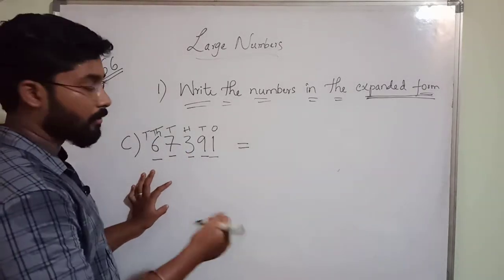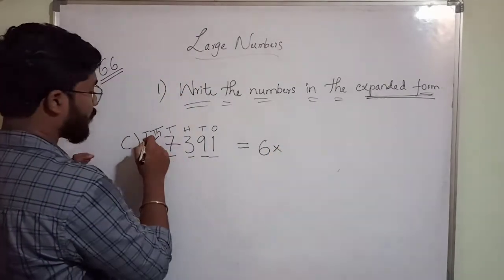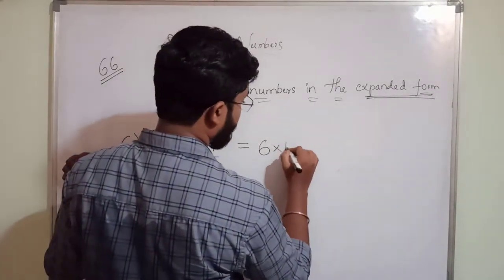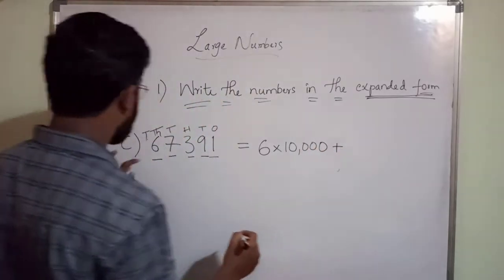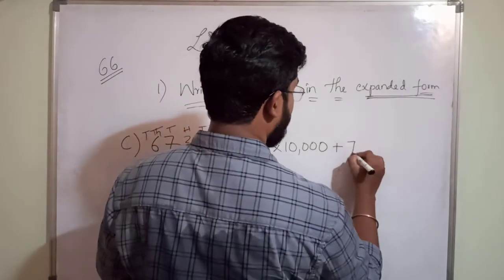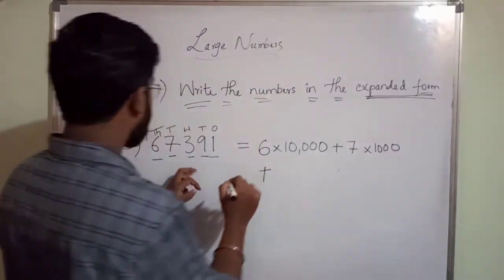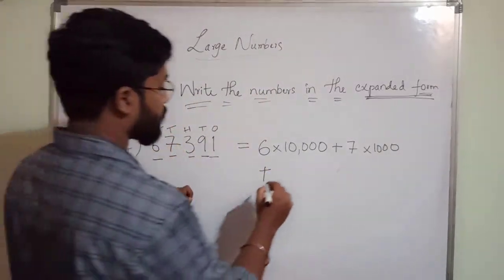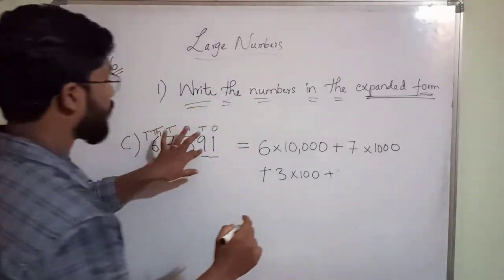So first one, what is there? 6. 6 is in which place? 10,000s place. So 6 into 10,000. Next one, 7. 7 is in which place? Thousands place. 7 into 1000, plus 3 is in which place? Hundreds place. 3 into 100. 9 is in which place?